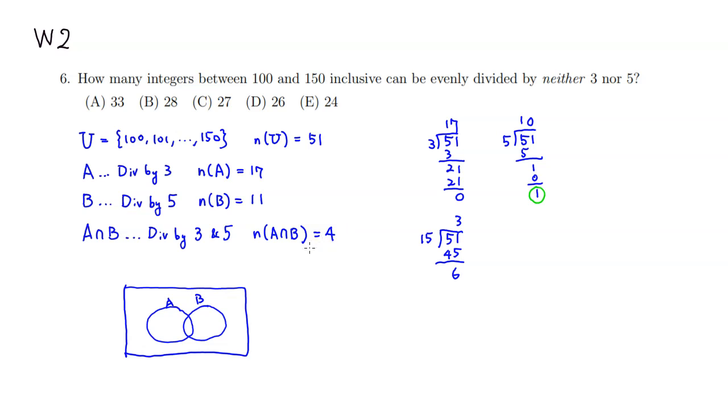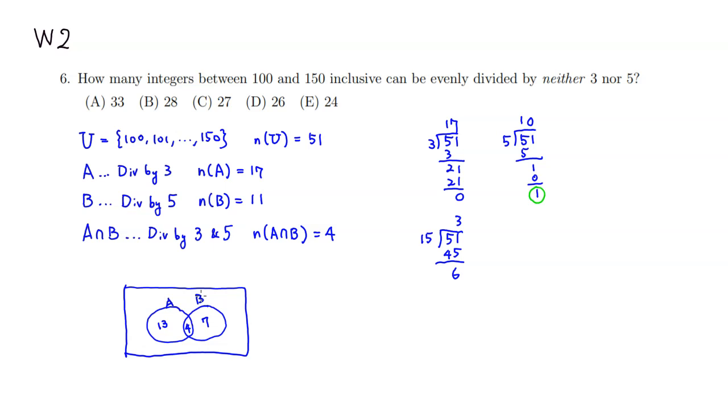So I'm going to start putting numbers in there. Both is going to be 4 there. But we know that there are 17 numbers divisible by 3, and 4 of them are in there, so this should be 13 out here, right? And by the same way, 11 numbers are divisible by 5, and 4 are already in there, so it's going to be 7 out here, right?